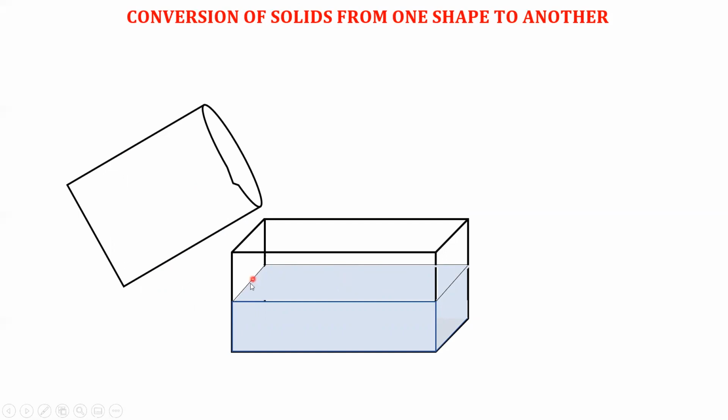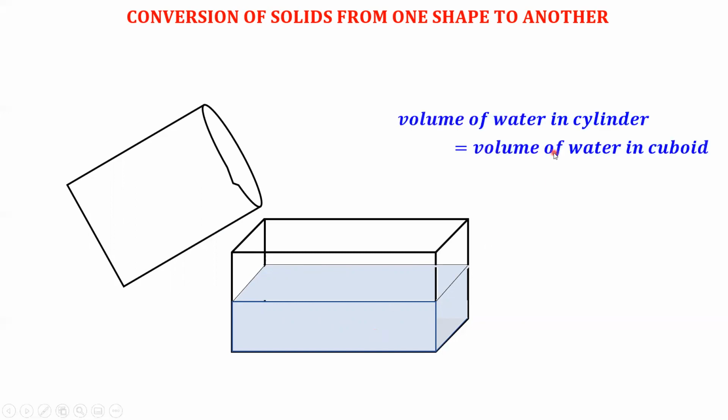So the volume of water in the vessel is also 2 liters. So the volume remains unchanged, isn't it? The volume of water in the cylinder is equal to the volume of water in the cuboid. That is, if we change solids from one shape to another, the volumes of the objects remain unchanged. Okay.